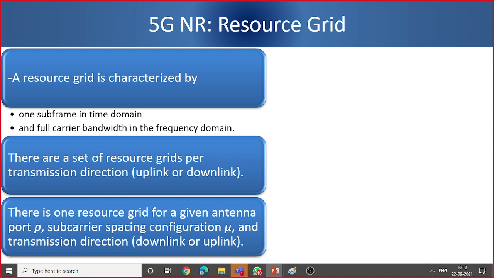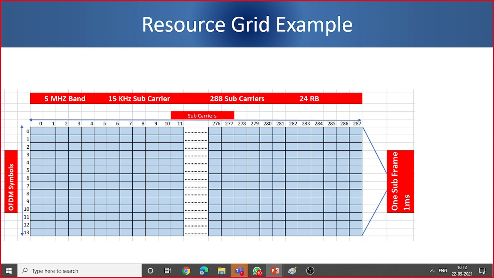Now, I tried to draw a resource grid with an example. You can also try. I did this in Excel, then took a picture. I have taken a 5 megahertz band and 15 kilohertz subcarrier spacing. As I explained, for 5 megahertz you have to reduce a guard band of about 250 kilohertz; that table was in my slide.